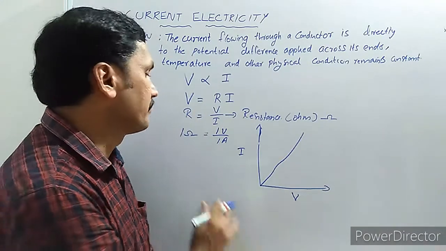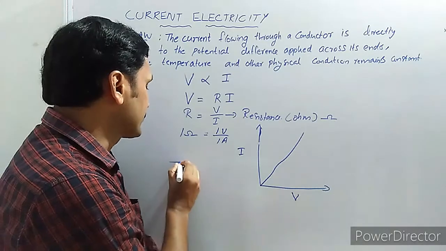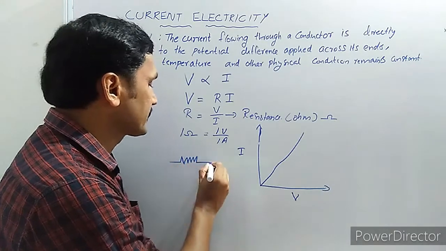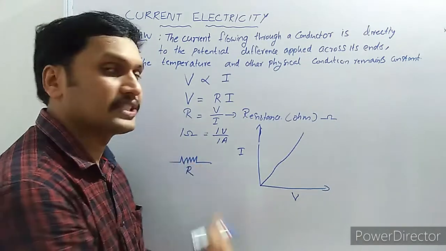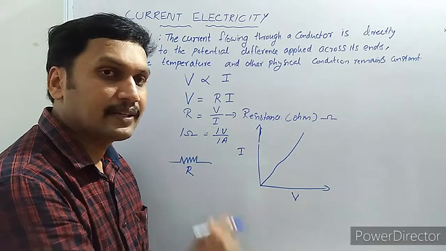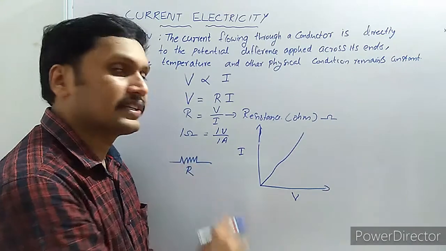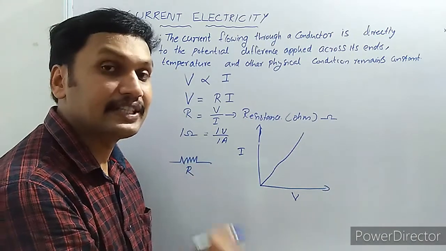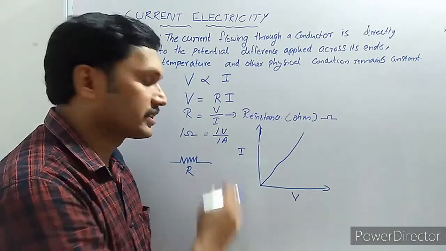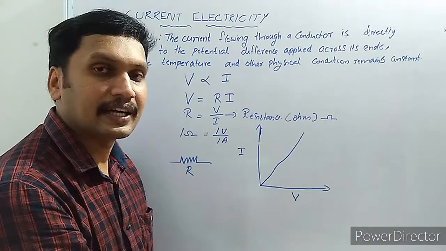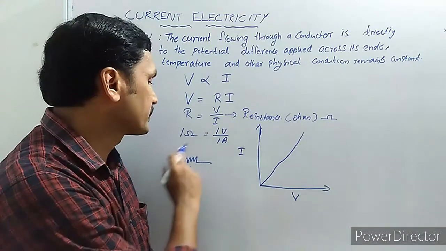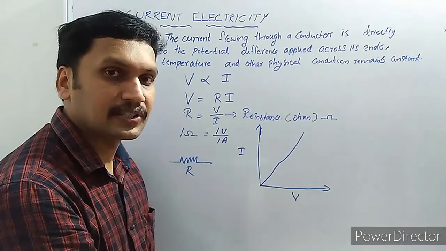This is the circuit symbol to represent a resistor. It shows that the flow of electric current through this conductor is not an easy task; there are some restrictions to the flow of electric current through it.